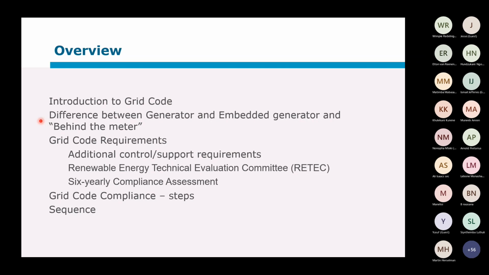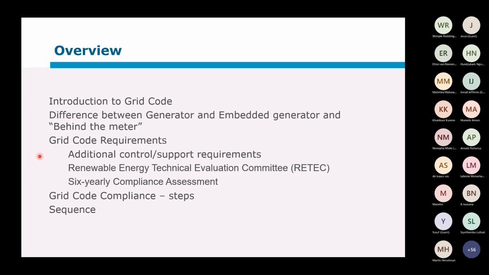It's not distribution connected. Embedded generation is by definition of the grid code connected to the distribution system. Behind the meter is something that's not yet defined or addressed in the grid codes, but just to separate that from embedded generator, I've added that as terminology.